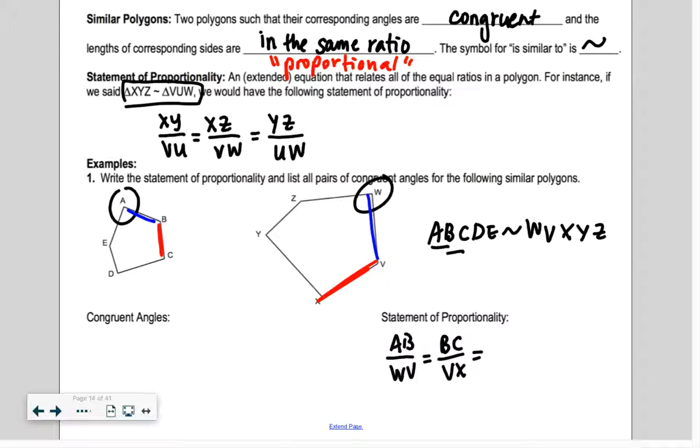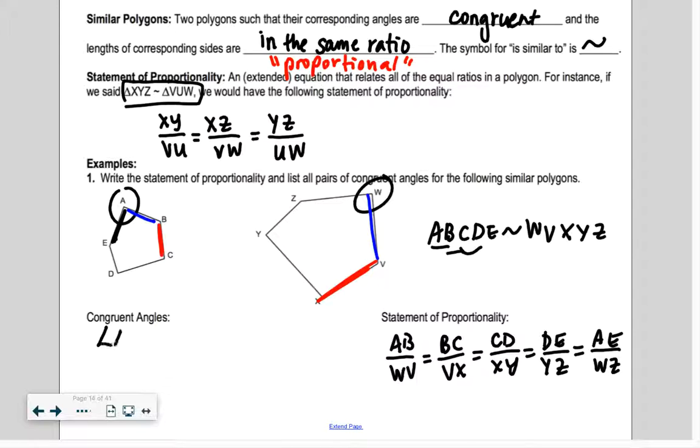So then we have CD and XY, and we have DE and YZ. How many sides should I have? 5. So the last one is AE, or EA you could put, which is WZ. So just make sure if you have 5 sides, you have 5 fractions that equal each other.